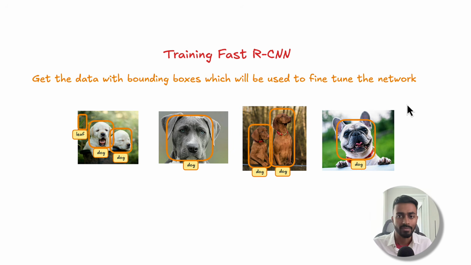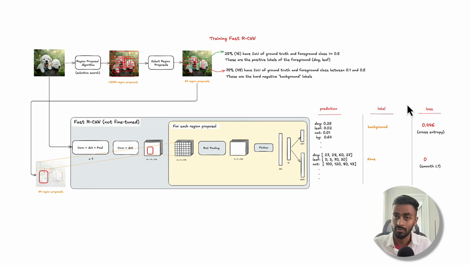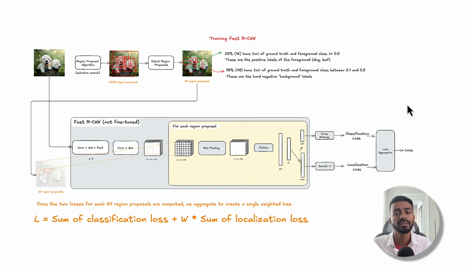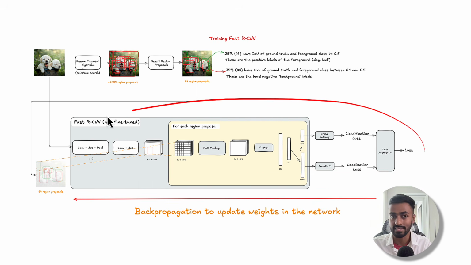This can then be fine-tuned on our object detection dataset for each region proposal as well. We also looked at how we can compute a single loss using the classification and localization losses, and hence backpropagate through this entire network so that this end-to-end network actually learns.